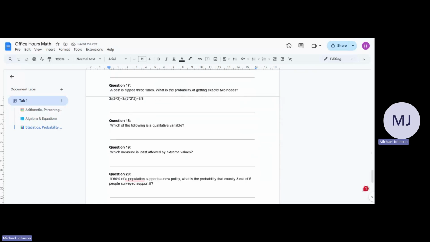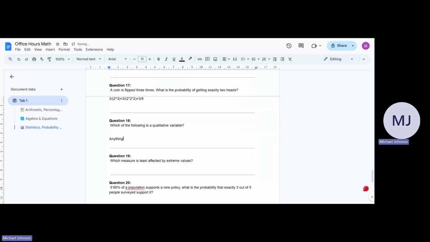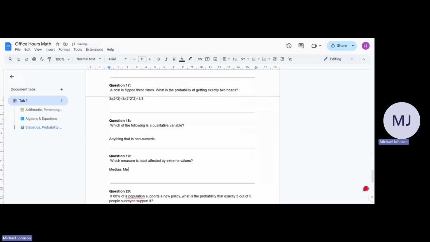Which of the following is a qualitative variable? So it would be anything that is non-numeric. Then which measure is least affected by extremes? Median. Median adjusts for outliers, extreme values.